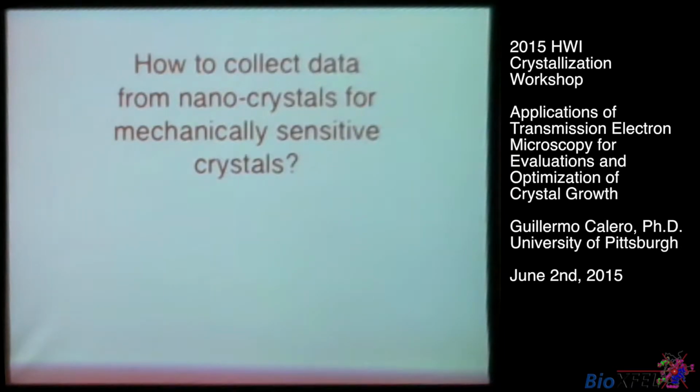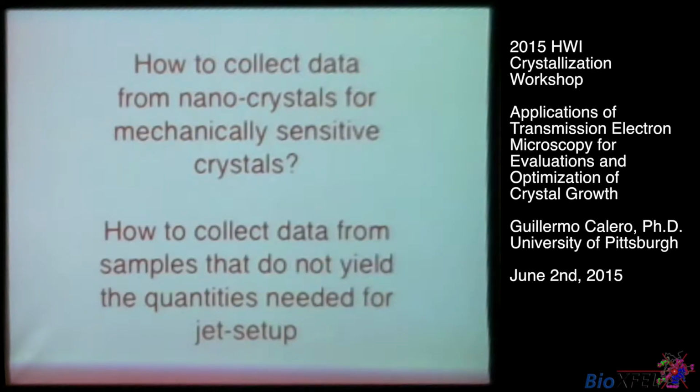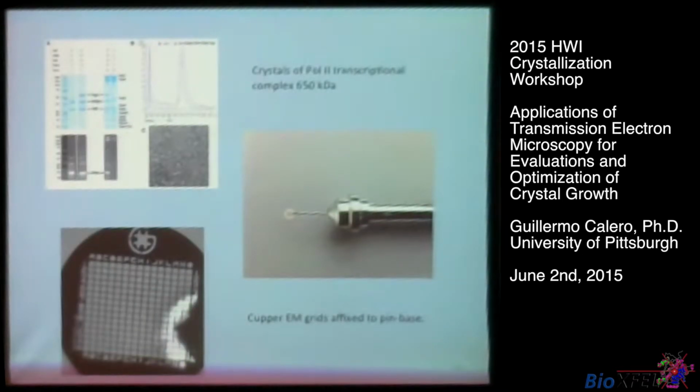So the question was, how can I collect data from crystals that were mechanically sensitive, and also from nanocrystals where the quantities were not enough for the jet setup? So basically, we had to develop some way.